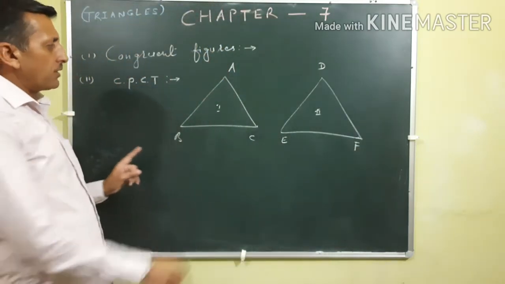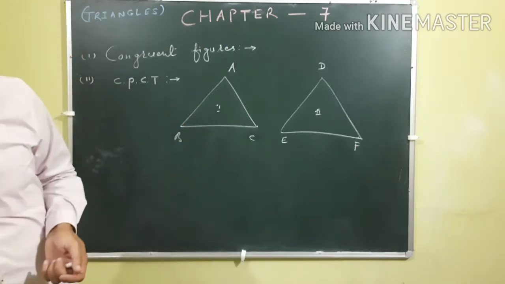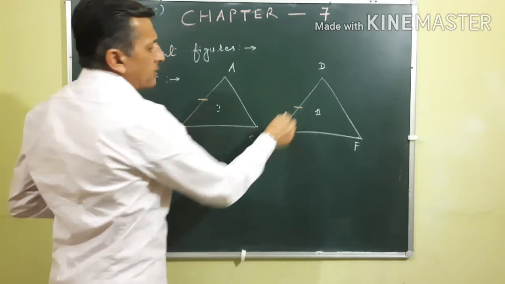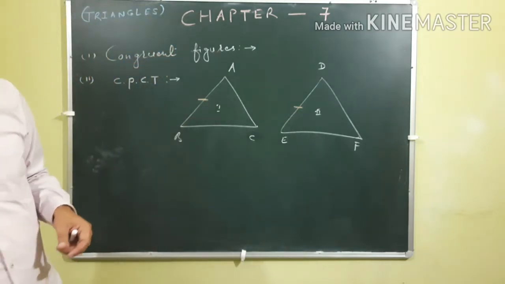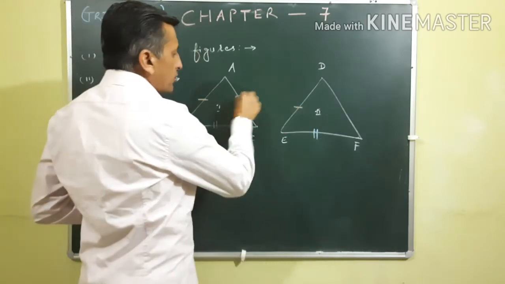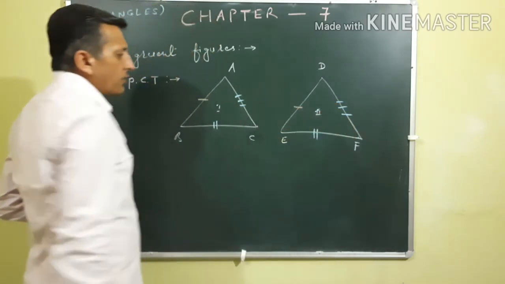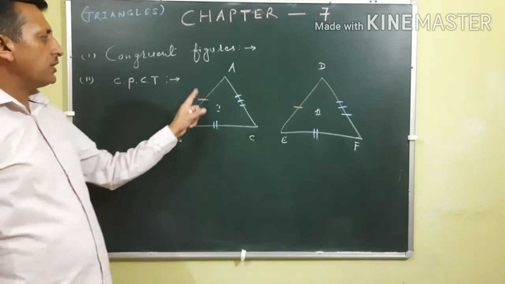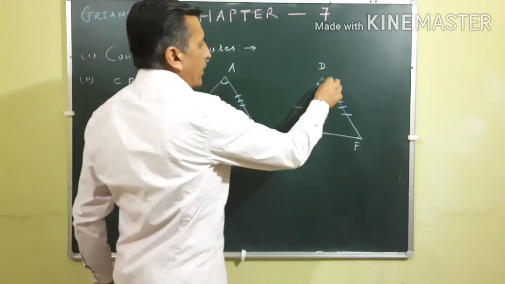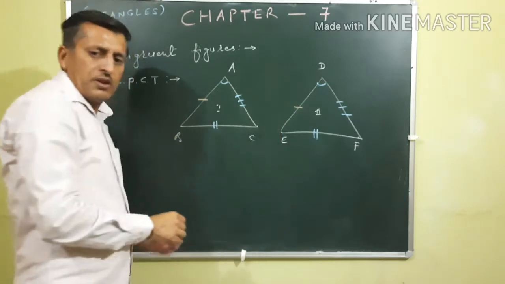So corresponding parts, this part and this part. I am taking here this part and this part. These are called corresponding parts, and this part is equal to this part. This is equal to 3, and this is 3. So these are called corresponding parts. Either these are the sides or you can take the angles. This is angle 1, this is angle 1. This is angle 2, then this is angle 2. Both are equal.